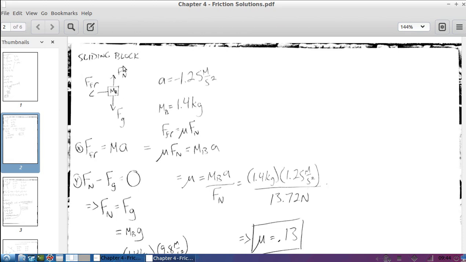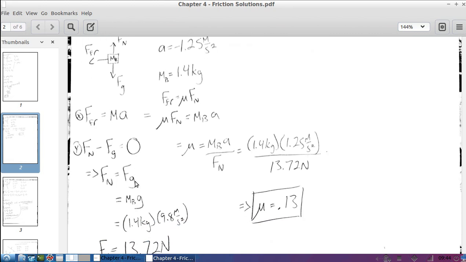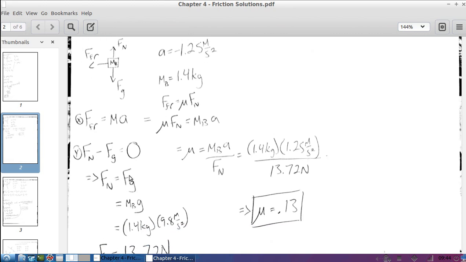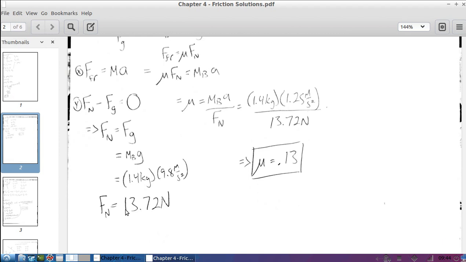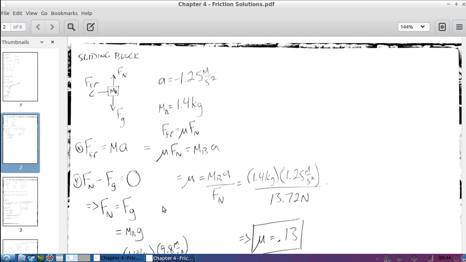Just like the previous problem, in the y direction, the normal force is equal to the gravitational force. All right, not always the case, so I write out Newton's second law in the y direction just to be sure. The normal force is equal to gravity. I have the gravitational force. I've got the mass of the crate, acceleration due to gravity. I've got the normal force, 13.72 newtons.